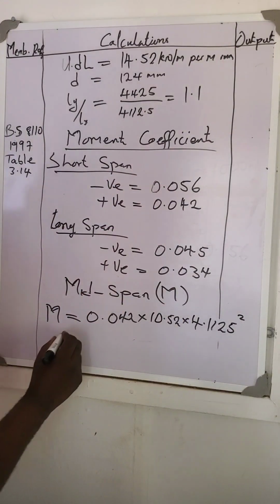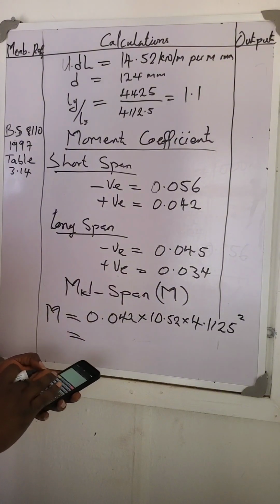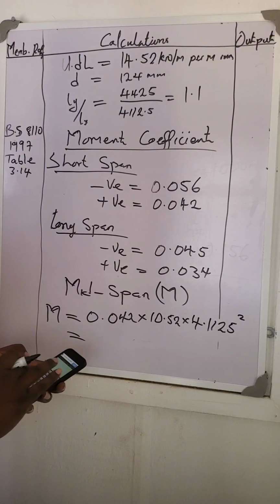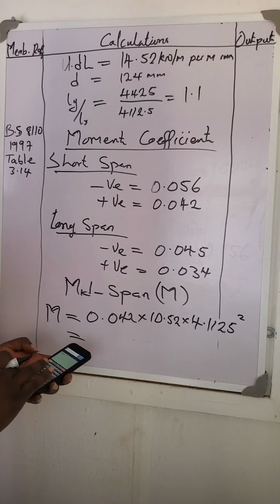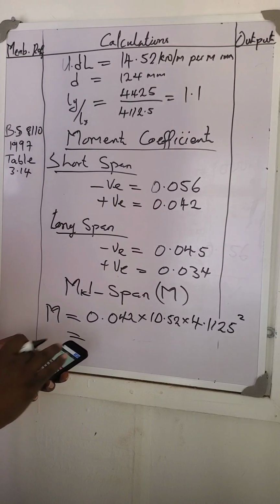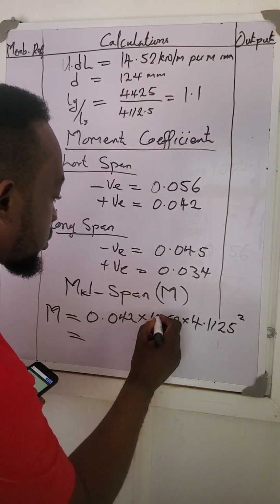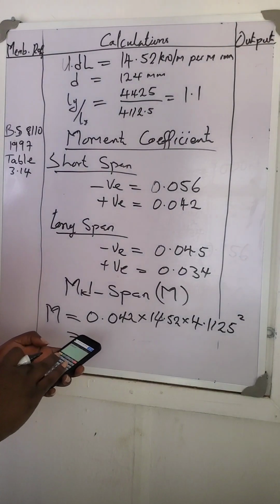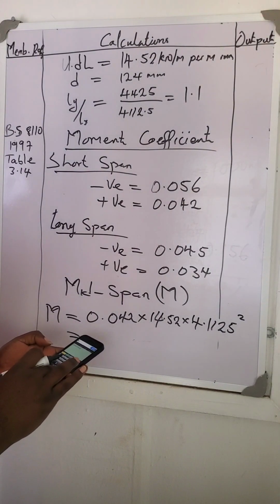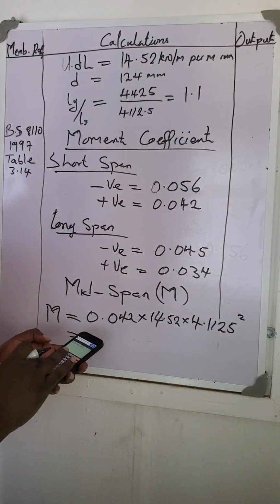All right, so our value for M will now be equal to 0.042 multiplied by 14.52 multiplied by 4.1125 squared.